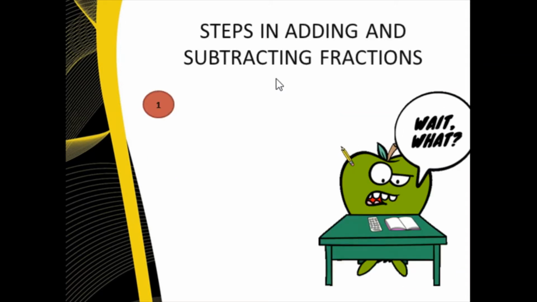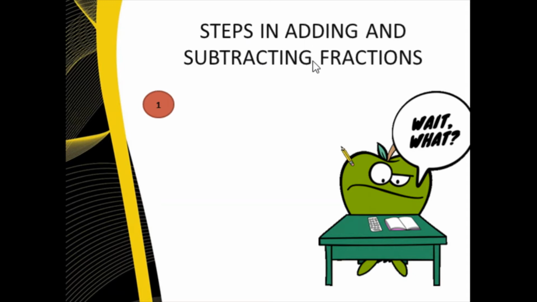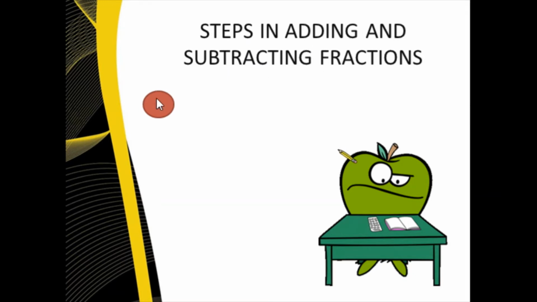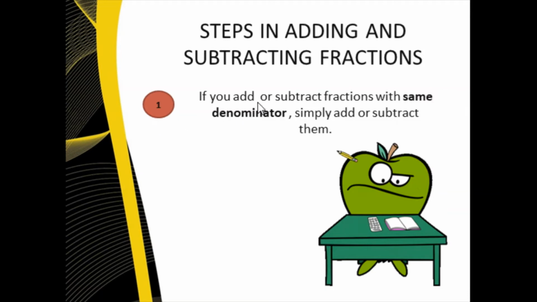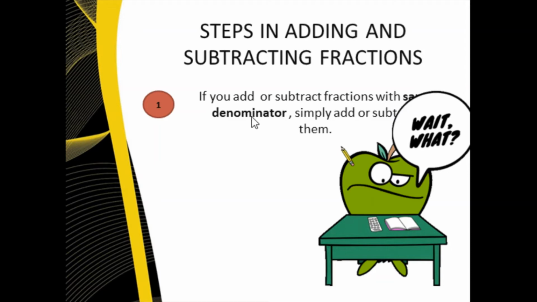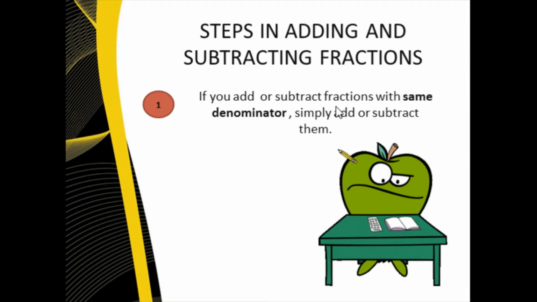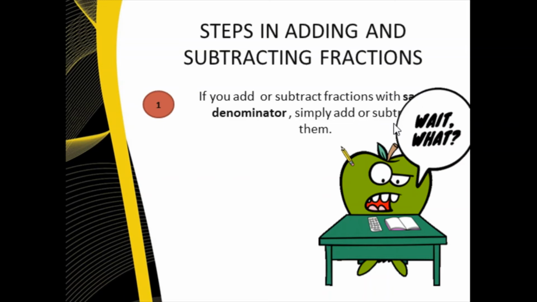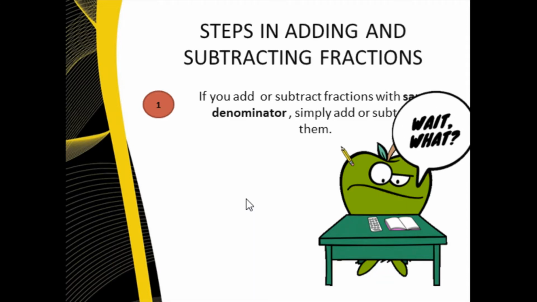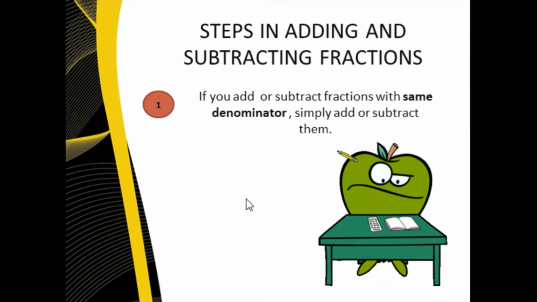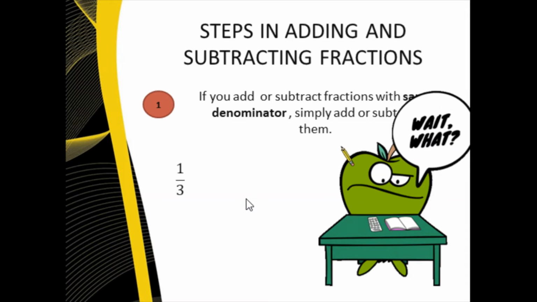Let's start with the steps in adding and subtracting fractions. First, if you add or subtract fractions with same denominator, simply add or subtract them. If your fractions have the same denominator, again, there is no problem. Just add them directly.